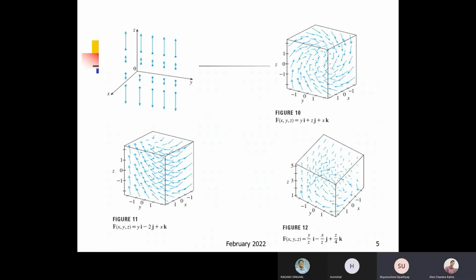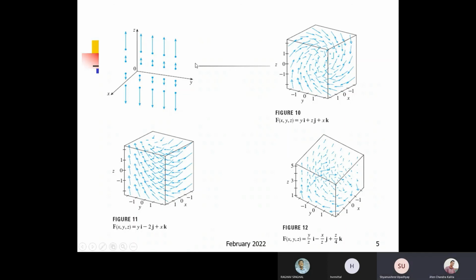See here, all the vectors, in which direction are they? Downwards or upwards? Yeah, they are in the direction of j. So the x and y component of them must be 0.